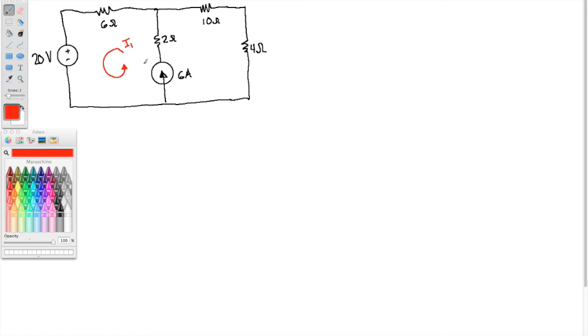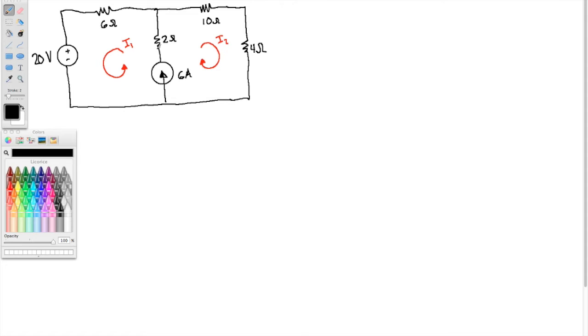I'm going to choose clockwise for mesh 2. Now, if you didn't align your currents to go with the 6 amp source, again, that's fine. You'll get the correct answer either way. It just circumvents a negative sign that we'll need later. So we're just going to pick our currents to go with that current source.